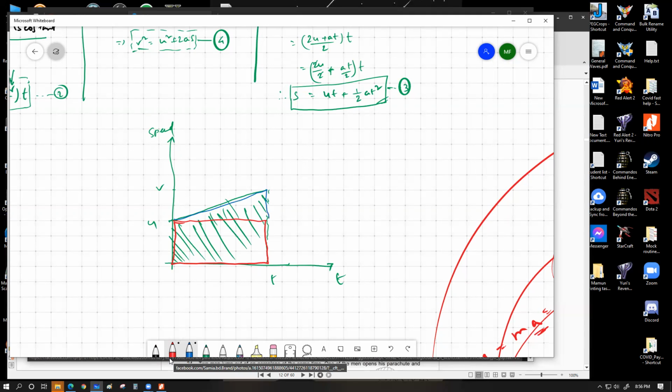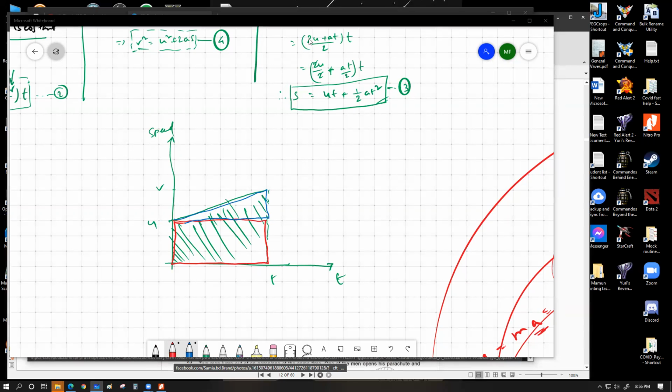So I'm going to use these two parts to find out the total area of the trapezium. I'll explain this to you after a while. So these are the two expressions.